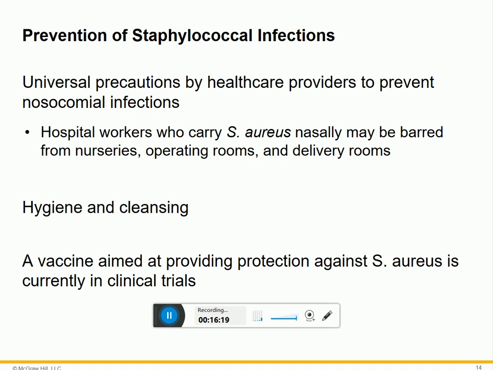So in some hospitals, healthcare workers will be screened for Staph aureus, and if it is found, especially in the nose, they are prevented from going into the OR, or from working with patients in delivery or nurseries that are dealing with neonates, to prevent transmitting that Staph aureus to these patients.